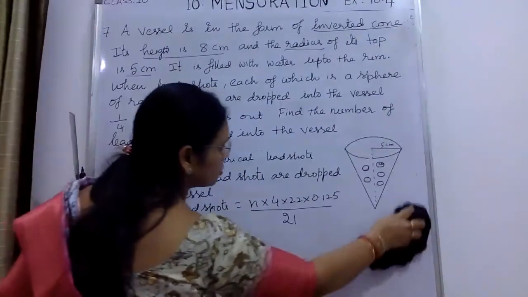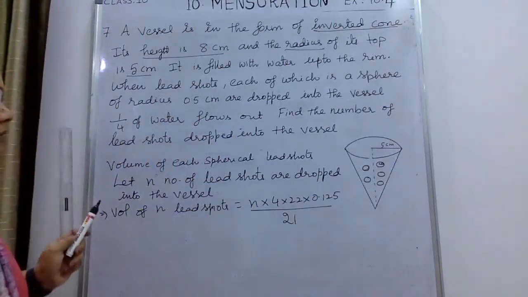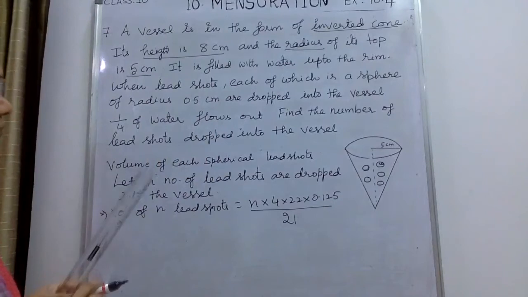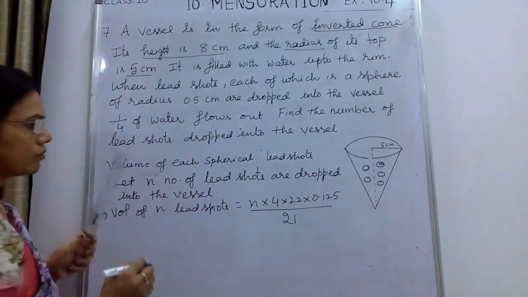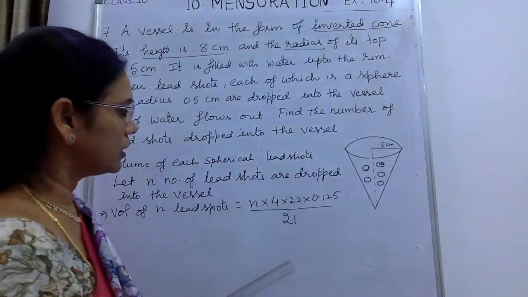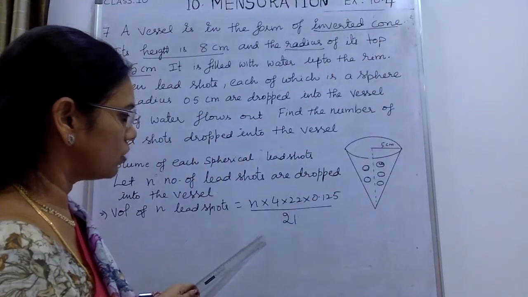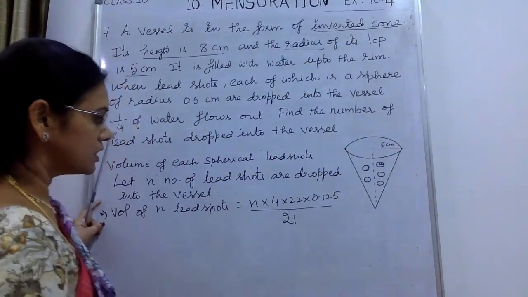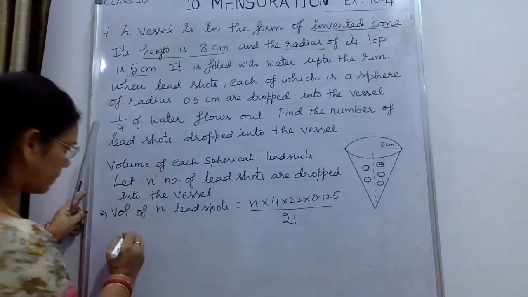Then what should we do next? The volume of 1/4 of the water in the conical vessel is 1100 by 21.